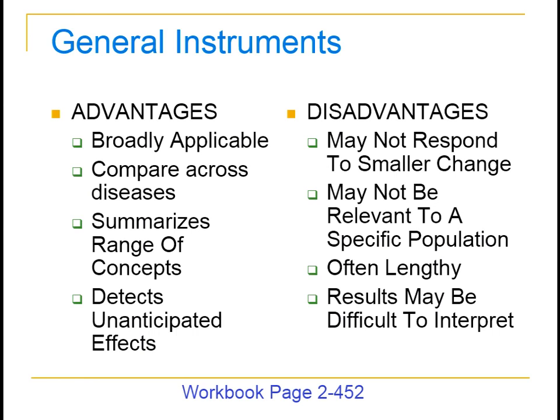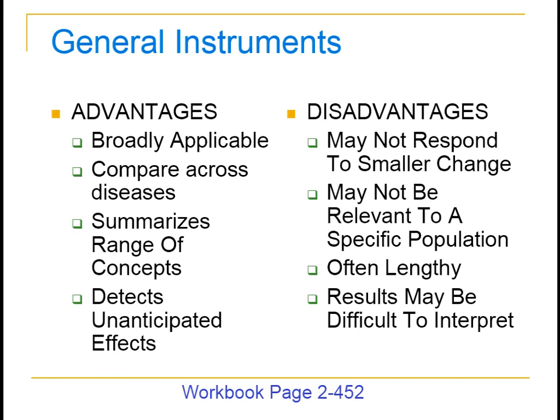The disadvantages is that they usually don't respond to smaller changes. They may not be relevant to a specific population, such as your patients with diabetes, asthma, kidney disease. But many of the large commercial ones have been used in specific populations and validated for that.